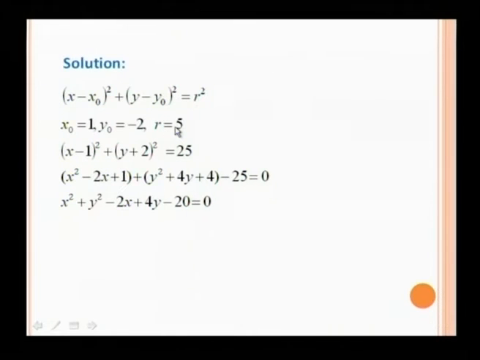Putting all these values in the equation of the circle, we get (x minus 1) whole square plus (y plus 2) whole square is equal to 25. So the final equation of the circle which is centered at 1, -2 having radius 5 is x square plus y square minus 2x plus 4y minus 20 is equal to 0.